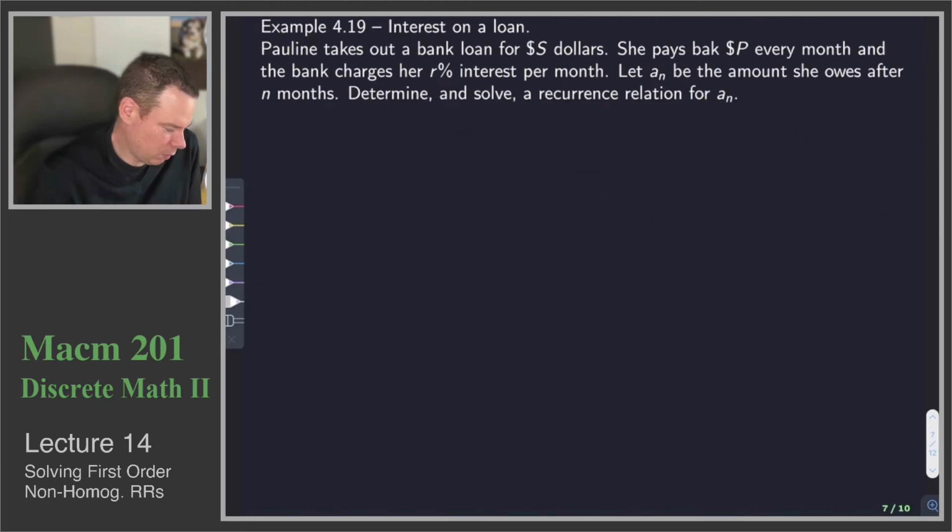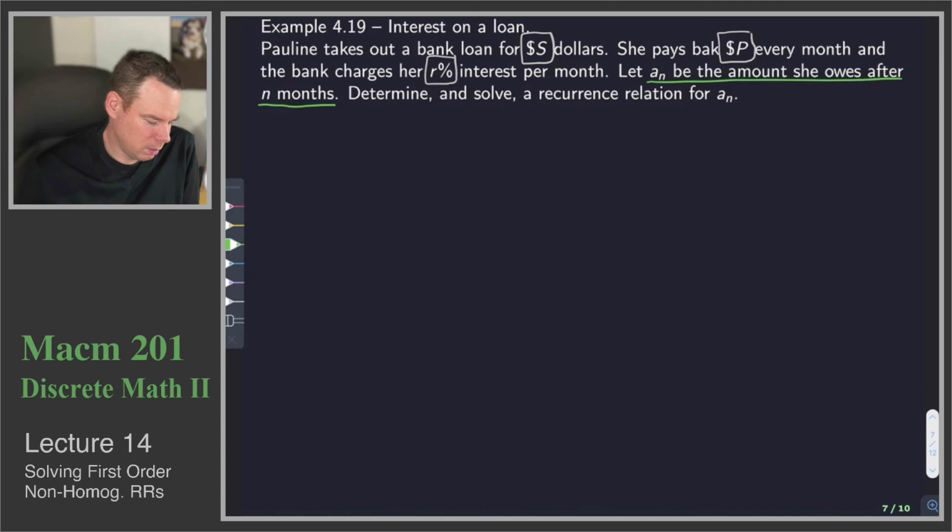In this example, we've got a loan that's being taken out. The loan is for S dollars, and every month Pauline pays back P dollars, and the bank charges her an interest rate of R% every month. We're going to let A sub n be the amount she owes after n months.